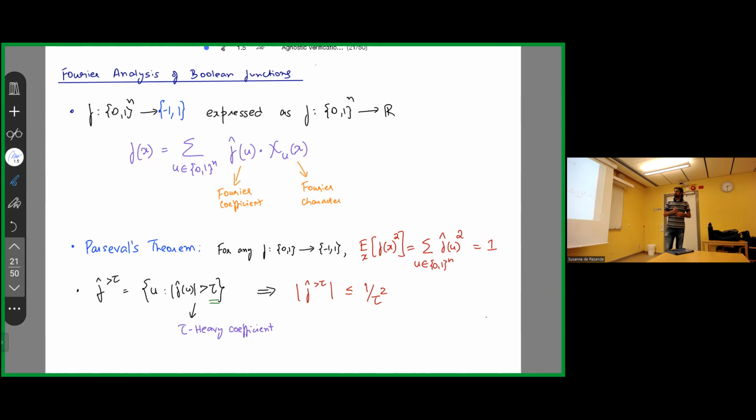In particular, when you look at heavy coefficients, what I mean is that a Fourier coefficient is heavy if its value is at least tau. I'll call this the set of tau-heavy coefficients: all Fourier coefficients whose absolute value is larger than tau. And again, by Parseval's theorem, the number of such coefficients is at most 1 over tau squared.